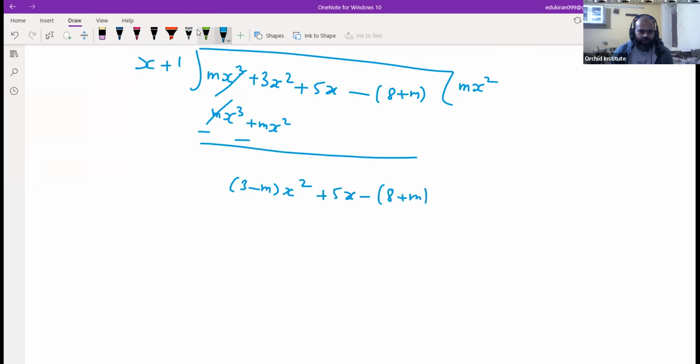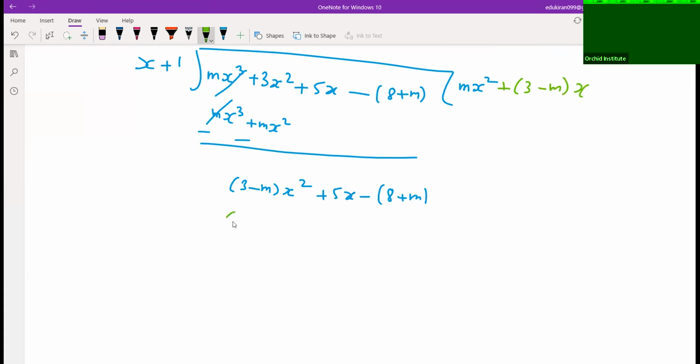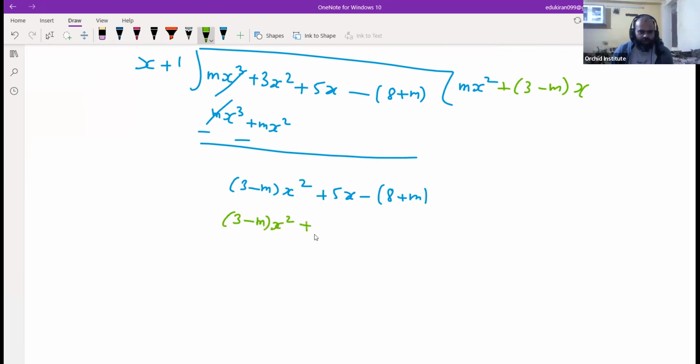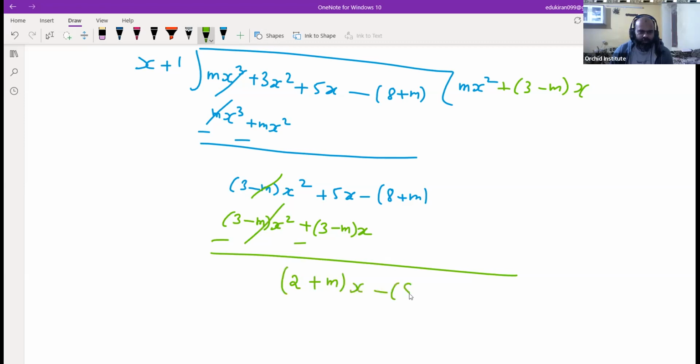Yes, sir. Then you will take plus 3 minus m into x. So this will be 3 minus m into x square plus 3 minus m into x. So when you subtract, this will cancel, and this will be 5 minus 3 plus m into x minus 8 plus m, that is 2 plus m into x.